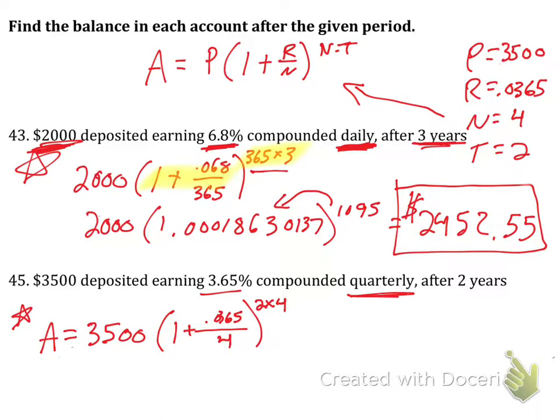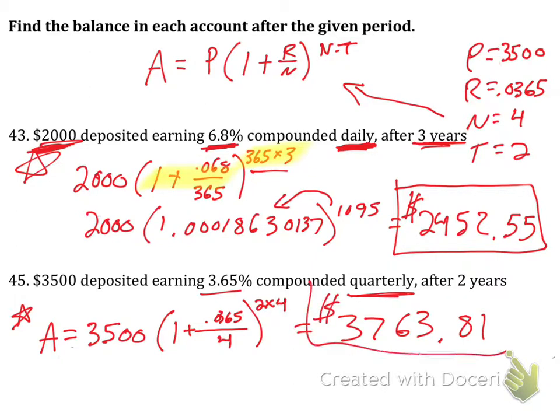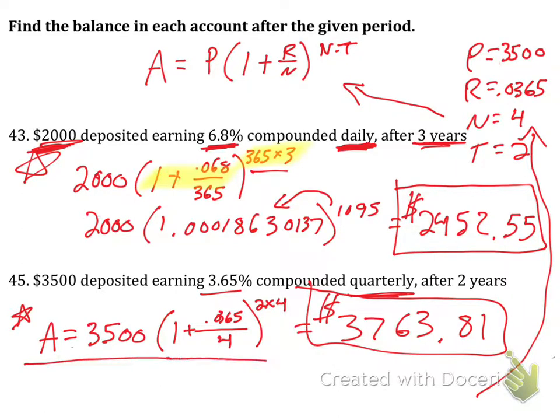And what I get is $3,763.81. Okay? So learn from my mistake. I looked at this problem and I got this number in the millions and I knew I did something wrong. So I erased everything and I rechecked my numbers up here and then plugged them back into this equation right here. And I realized I had gotten it wrong right there. And I put the wrong number, which threw the whole equation off.